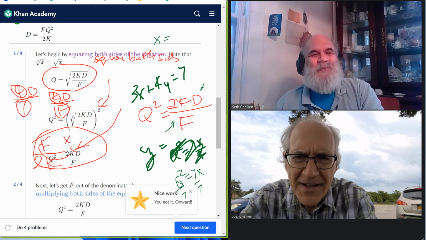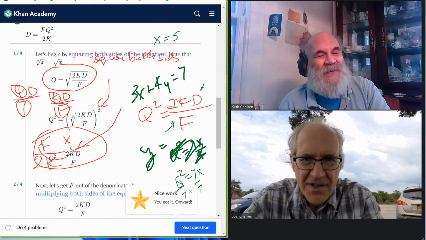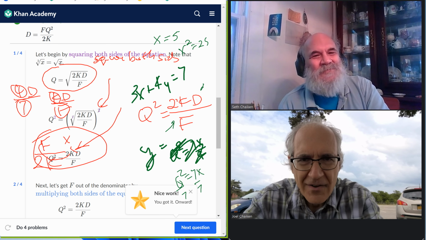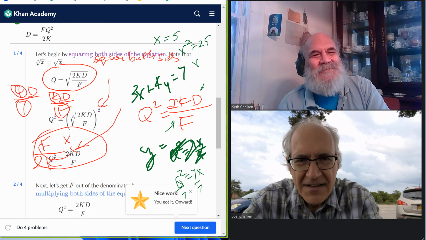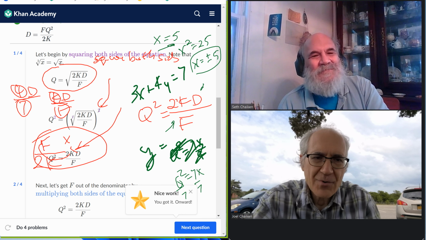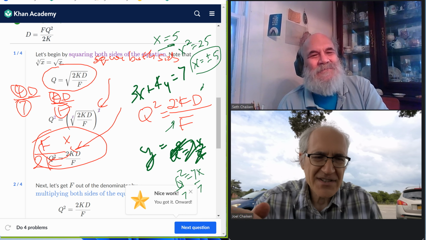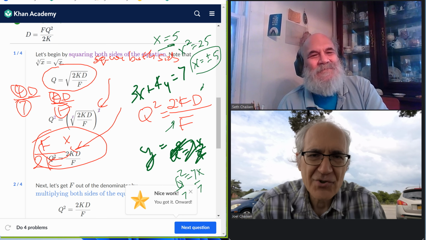But anyway, what about this problem? How about x is equal to 5? Let's square both sides. You get x squared is 25. Now we solve for x, and x is equal to plus or minus 5, which gives an extraneous solution. When you square both sides of the equation, I've always thought you have to worry about an extraneous solution.